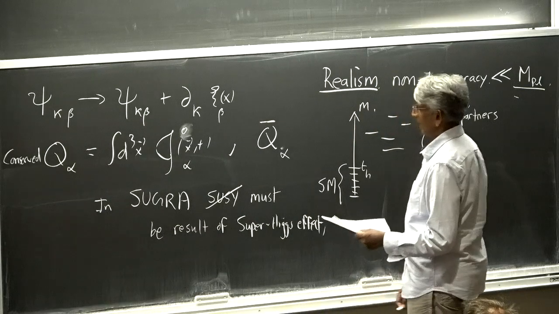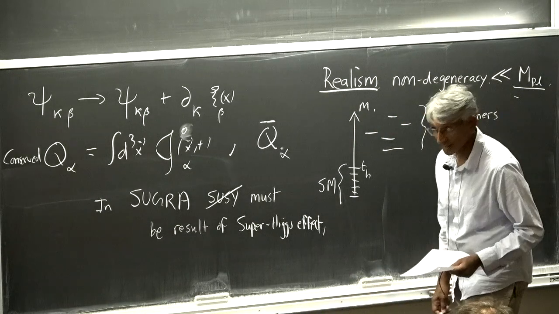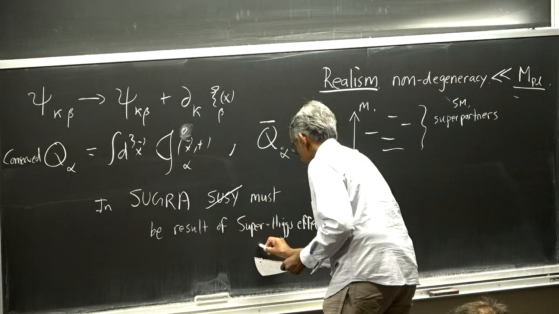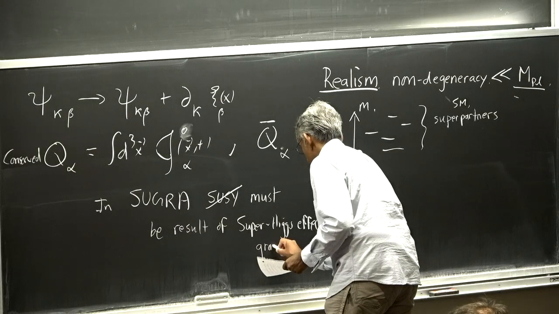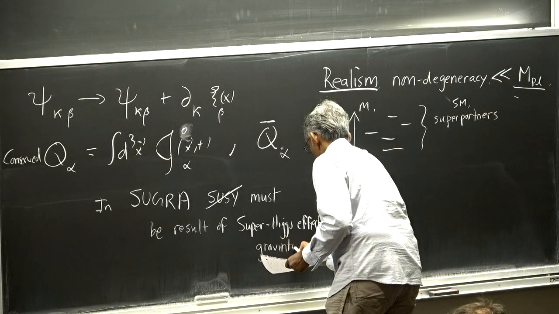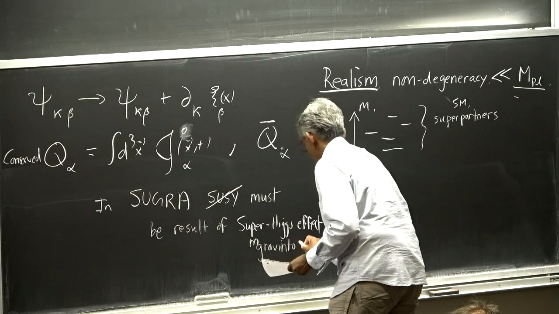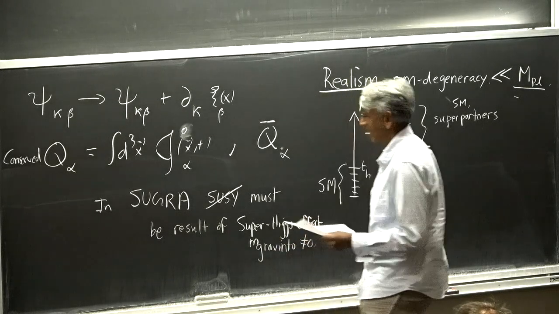And not surprisingly, even the gravitino also gets mass when that happens.